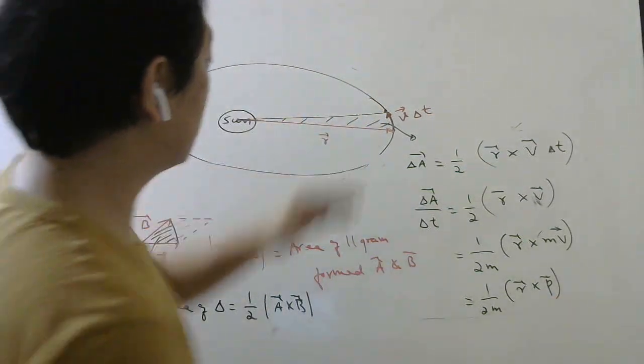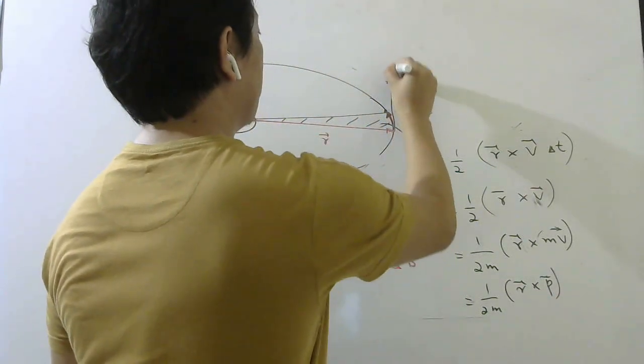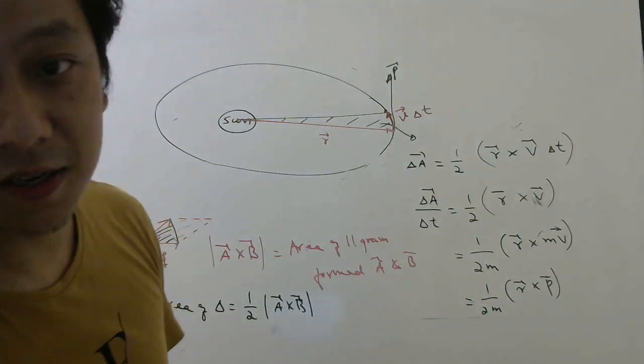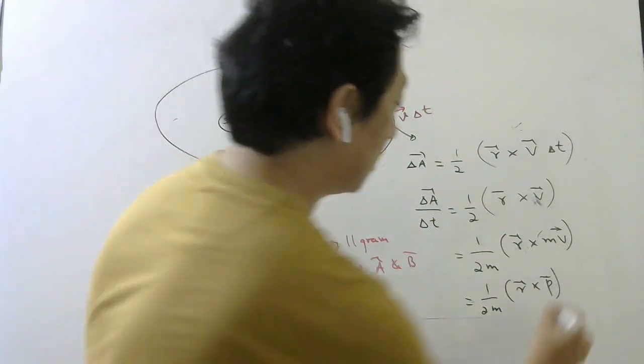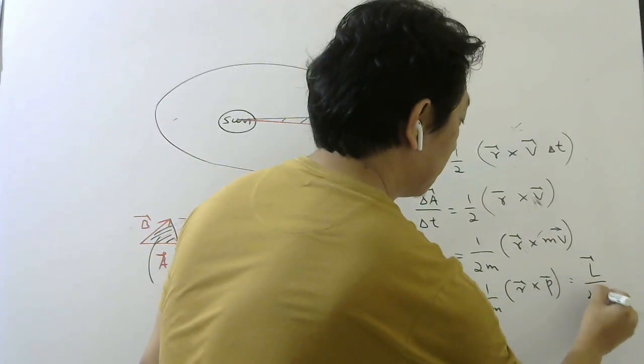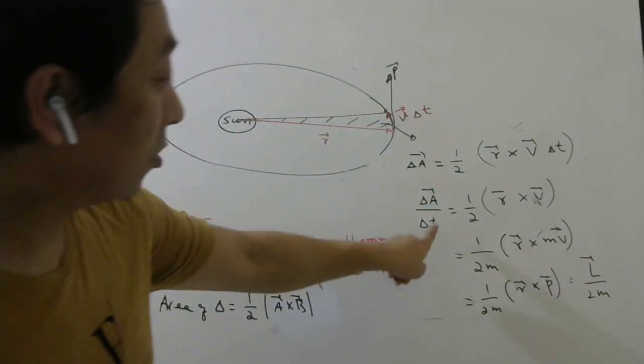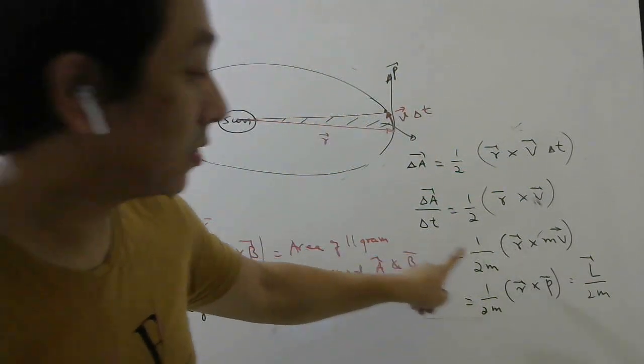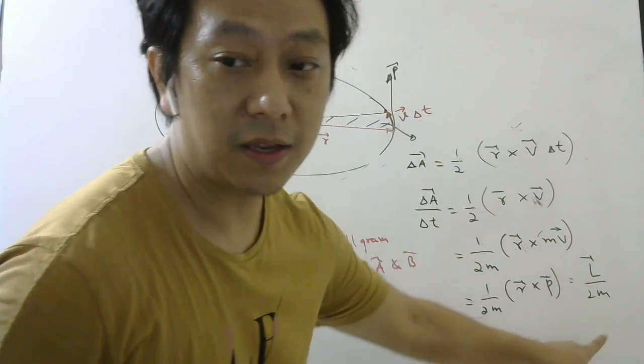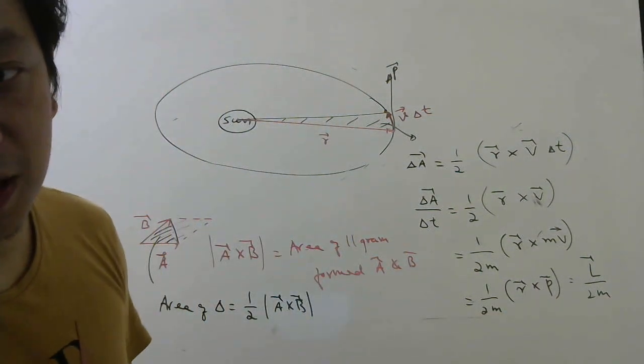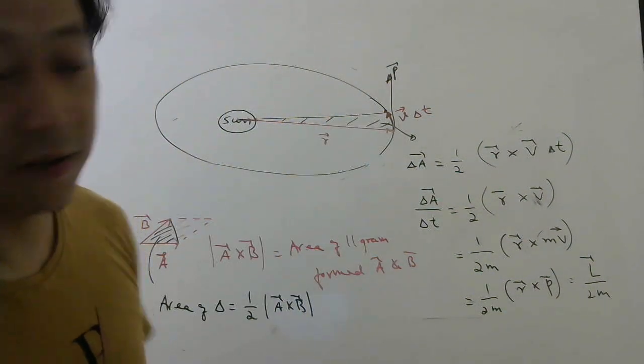And r cross momentum, momentum will be this way only, no? Along the velocity, the instantaneous velocity. So r cross momentum is what? Angular momentum. So this is called your areal velocity, which is angular momentum divided by 2 into the mass of the planet, if this is the sun.